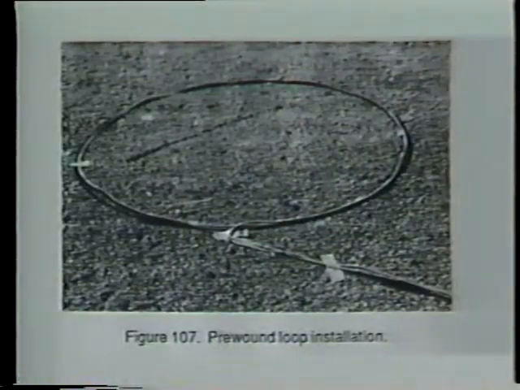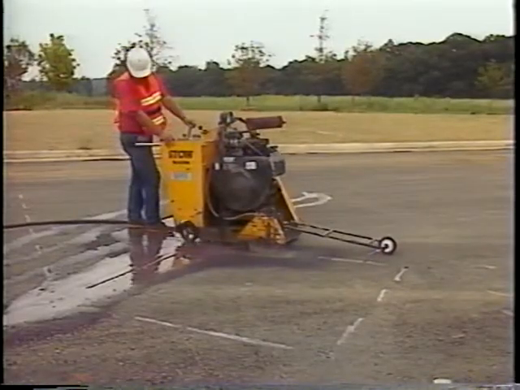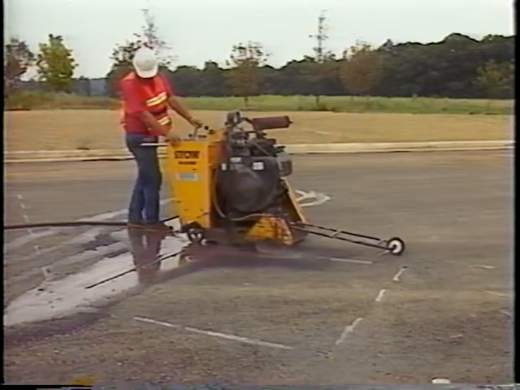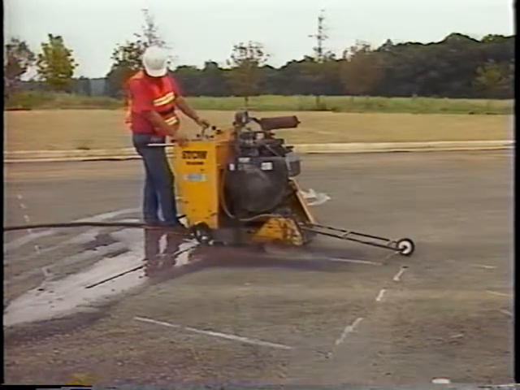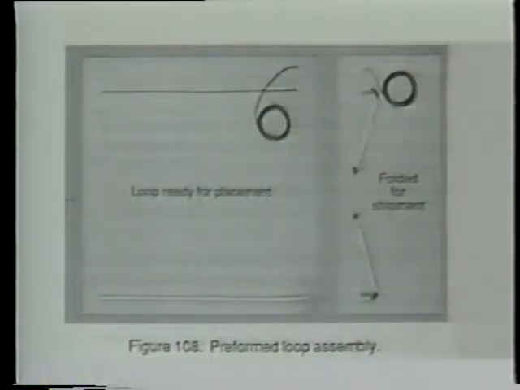Some agencies pre-wind and bind loop wire to the exact specifications in their shops, making a prefabricated loop to transport to the site. Best suited for smaller loops, this procedure significantly reduces on-site installation time.